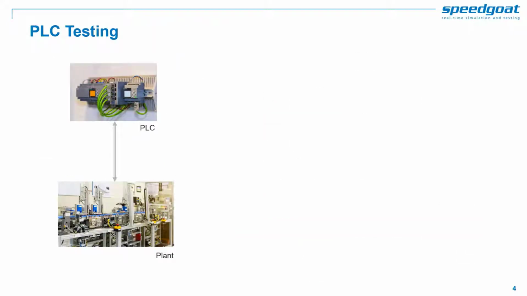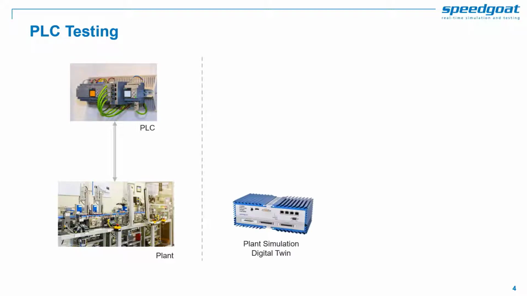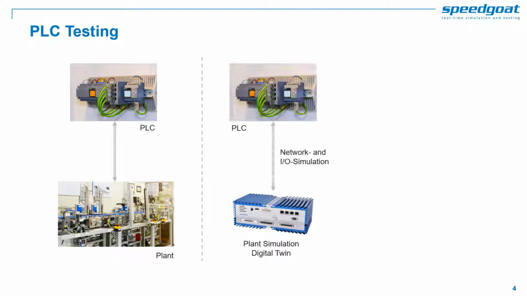Testing a PLC is challenging because it requires the PLC to be connected to the real plant. Ahead of the final on-site commissioning of a plant, hardware-in-the-loop simulation allows to test the PLC application in the lab. This is done by simulating the remaining network components such as sensors, actuators, and motor controllers.